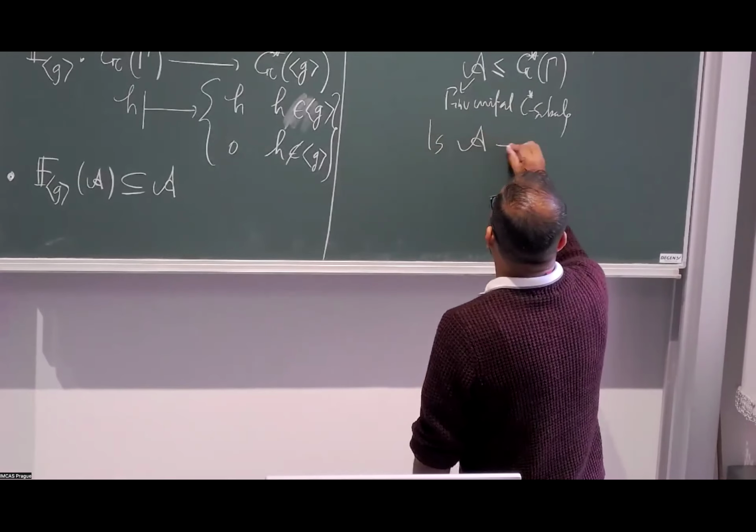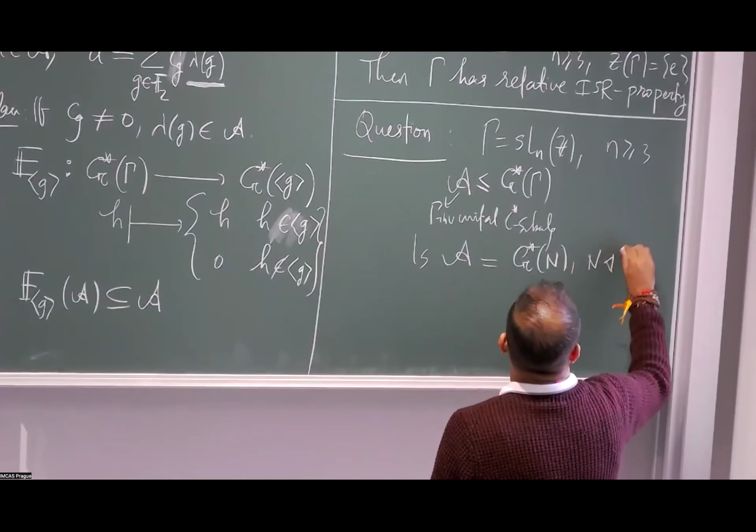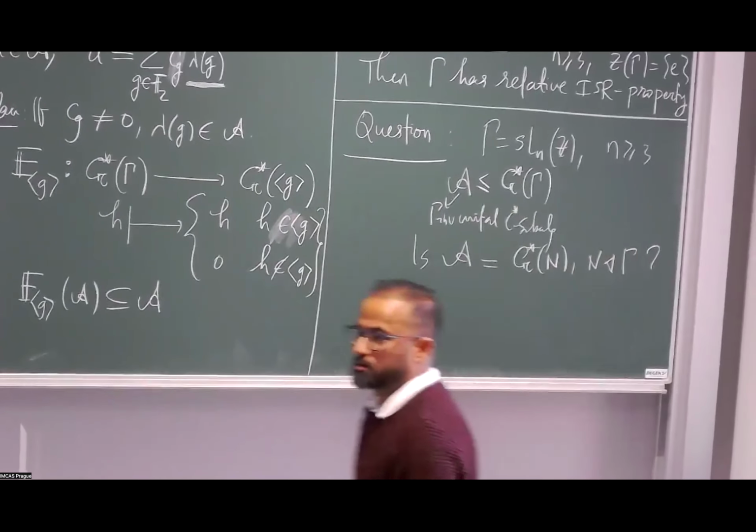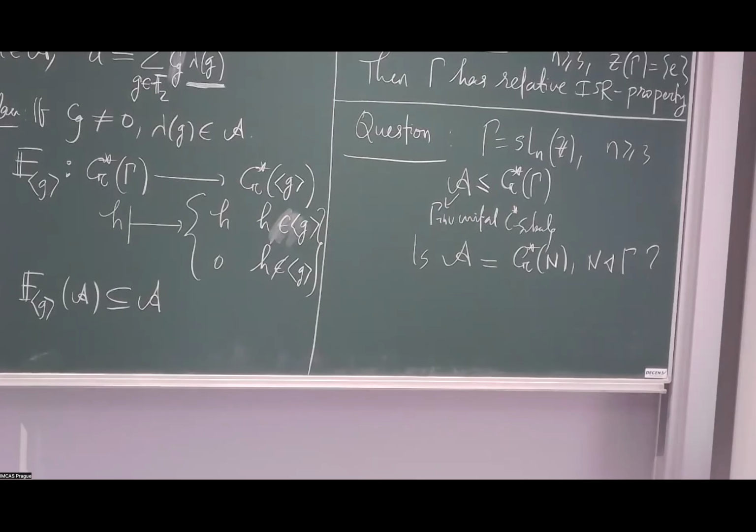Is A of the form the reduced group C-star algebra of N for some normal subgroup? I don't even know if A is simple to start out with. So that would be a good question to answer to begin with.